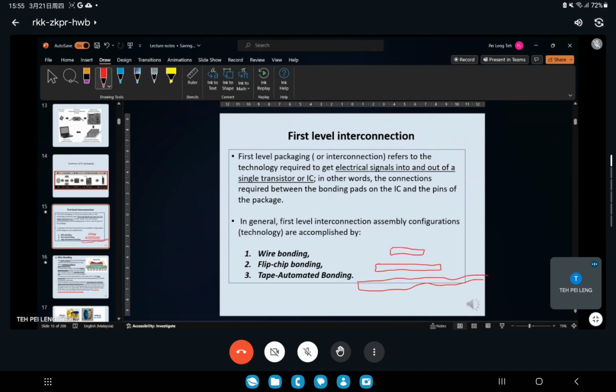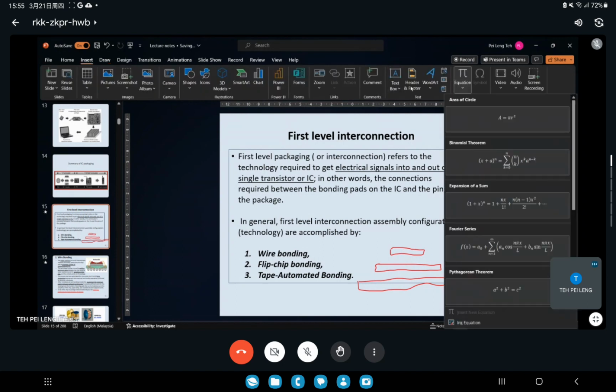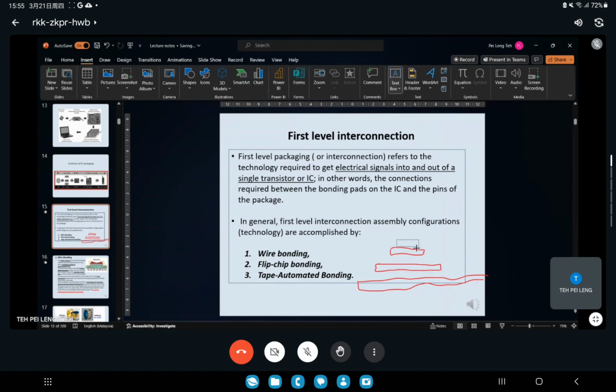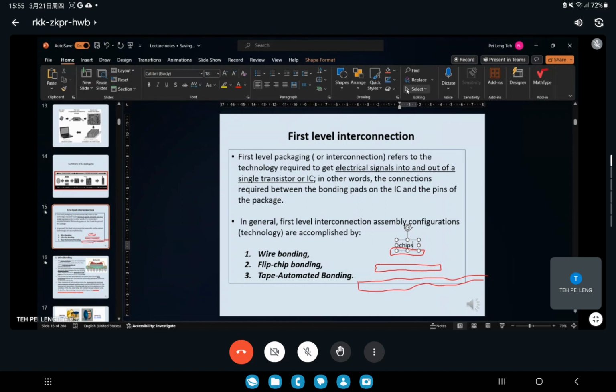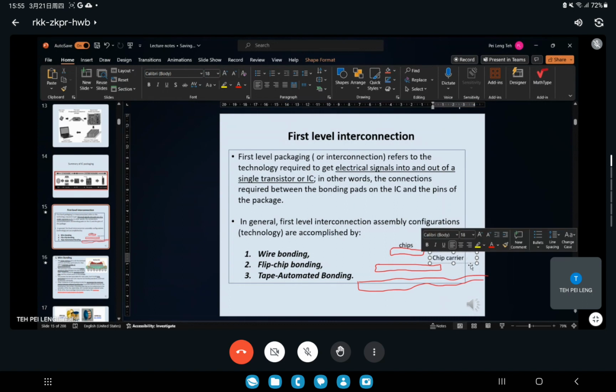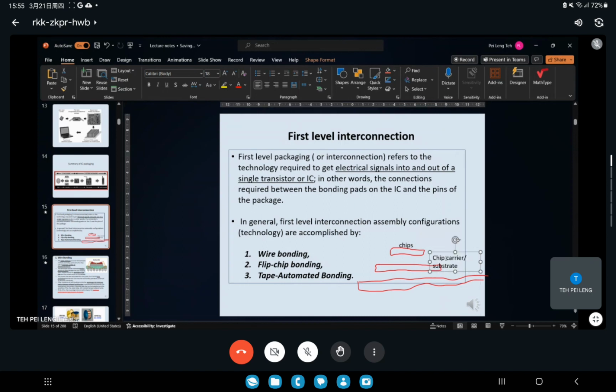So let's say this is the chip, this is the chip carrier, and this is a PWB.